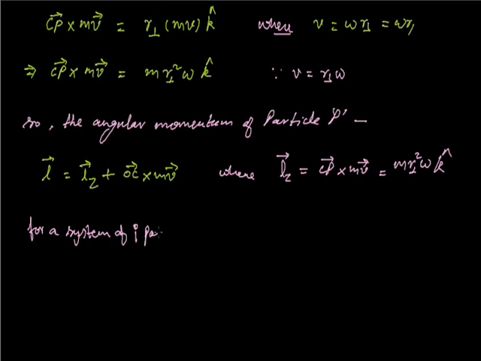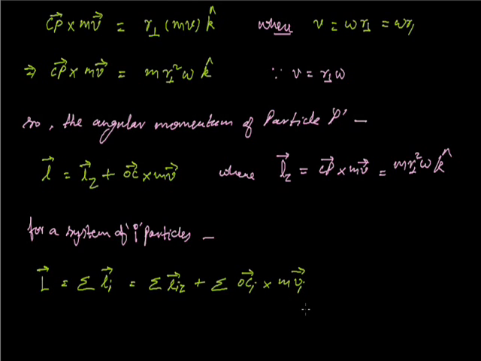So if we consider all the particles of the body, for the system of i particles, we can write the total angular momentum of the body as L equals sigma of Li, that gives us sigma of Liz plus sigma OCi cross mvi, where subscript i denotes the individual particle.